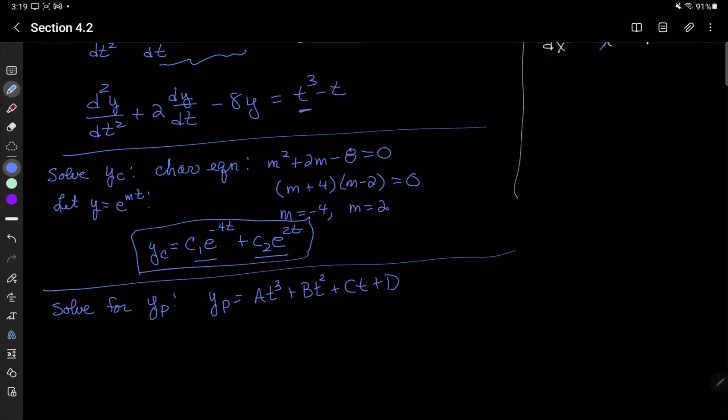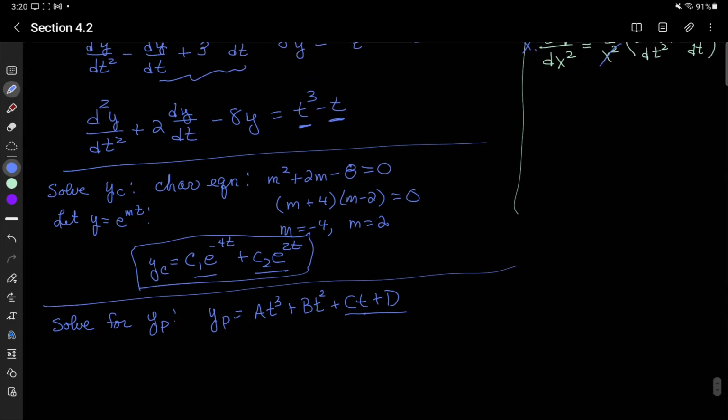And this guess for yp also takes care of the t term. You have the ct plus d, which would be incorporated in there. So I'm going to substitute into this equation in terms of t, where you have y in terms of t.